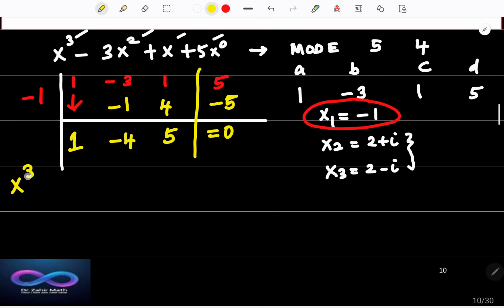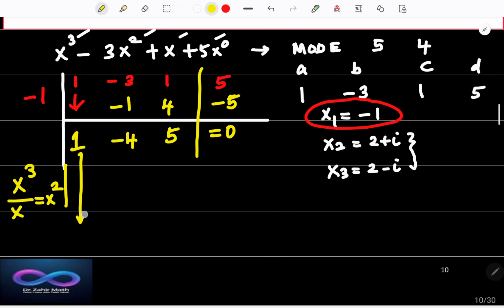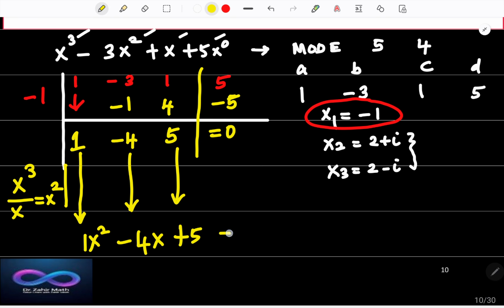I started with x cube and divided by x, so my answer starts with x square. So your final answer will be 1x square minus 4x plus 5 equal to 0.